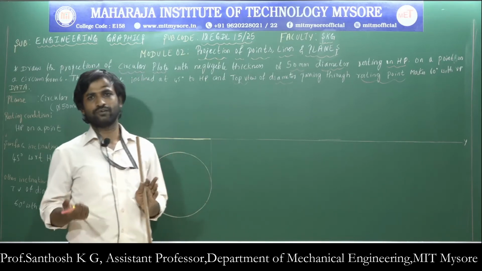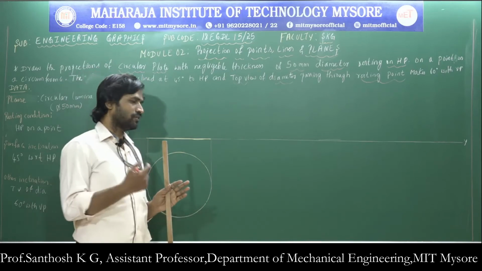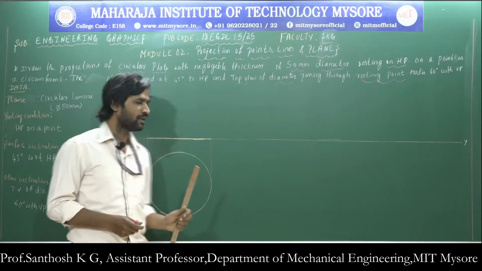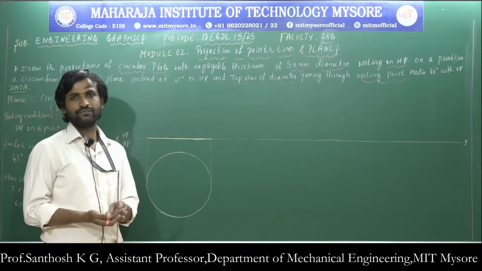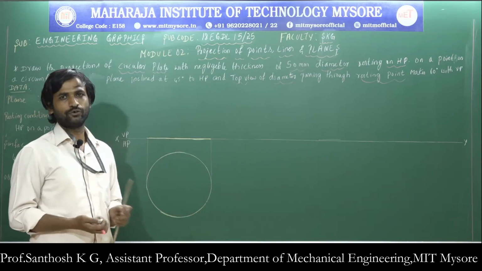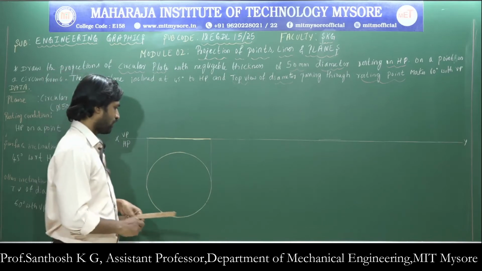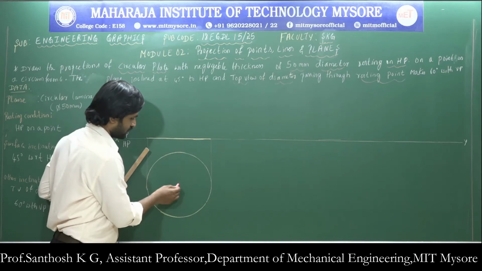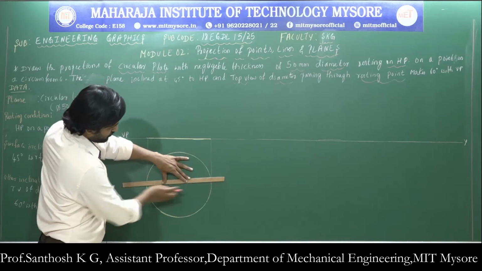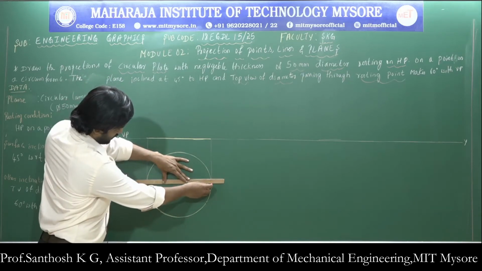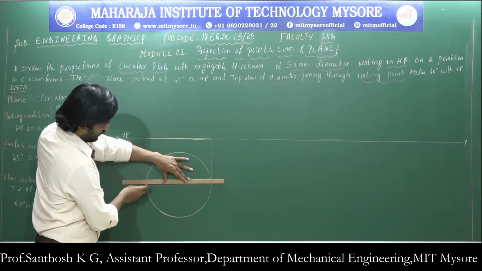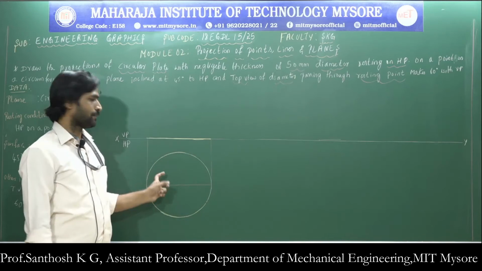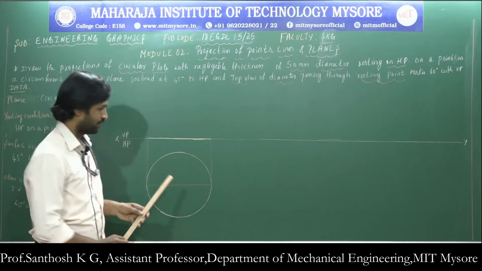So to avoid the confusion, as well as in order to have the proper shape in the second and final position, let us divide the given circular lamina into 8 parts. So how we are going to divide the circle into 8 parts? So from the center, first draw one horizontal line, which is a light line because it is not present in the lamina.